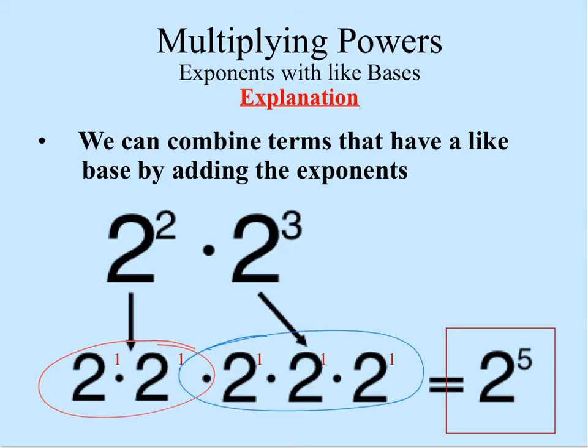So obviously if you count them, we get 1, 2, 3, 4, 5, 2 to the 5th power. We can also get that by doing 2 to the 2 plus 3, which you will also see is 2 to the 5th power. So when multiplying same bases, you can add the exponents.